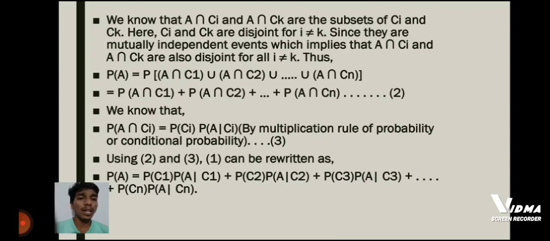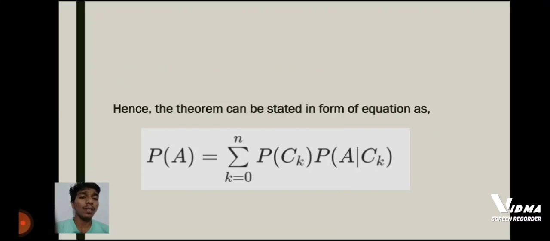Instead of writing this long sum, we can write it as summation k equals 0 to n of P of Ck into P of A by Ck.